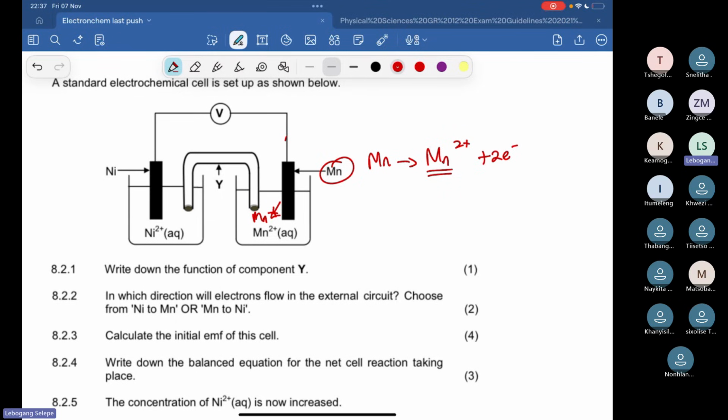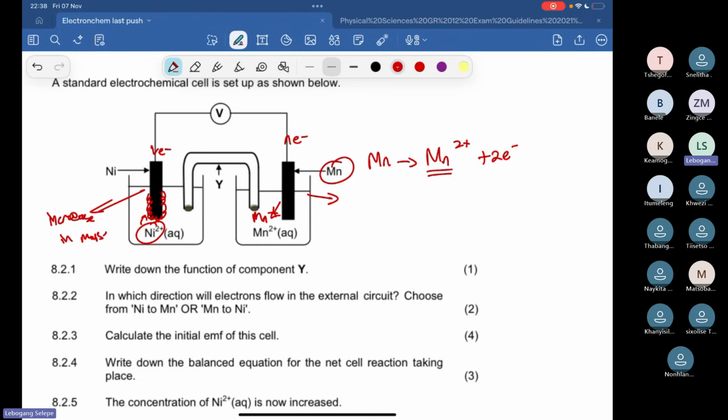Then we have electrons flowing up there. When the electrons get here, they would be accepted by the Ni2+, right? So when the Ni2+ accepts those electrons, what happens to it? It coats this one here, right? So here we would observe what? An increase in mass. The opposite would be true for this one.